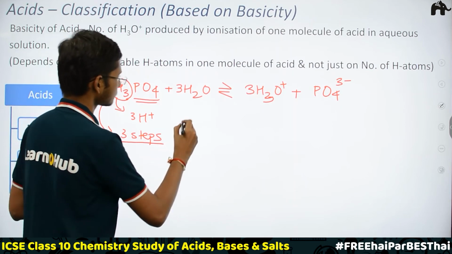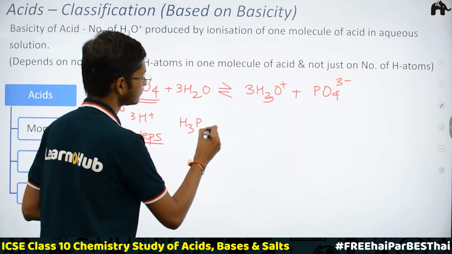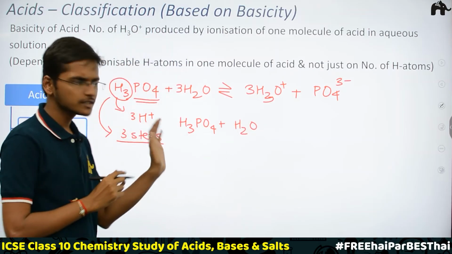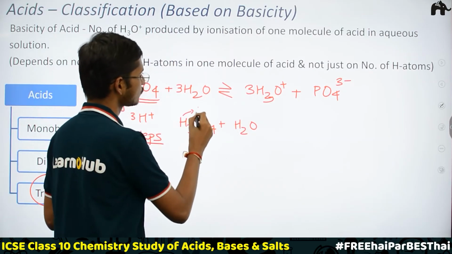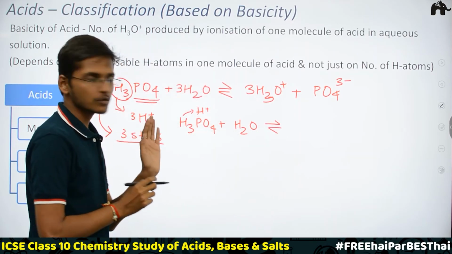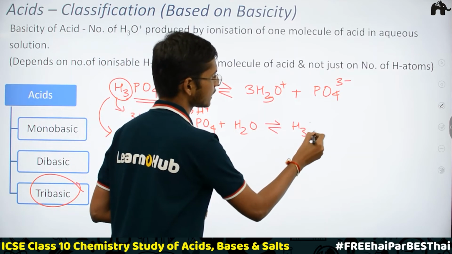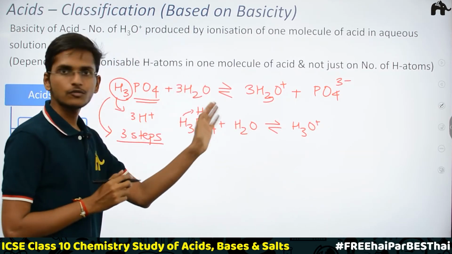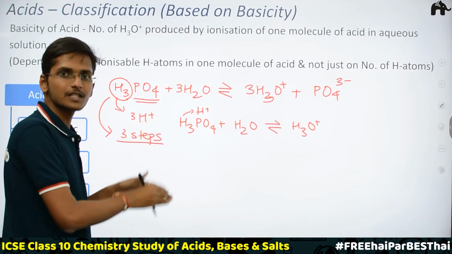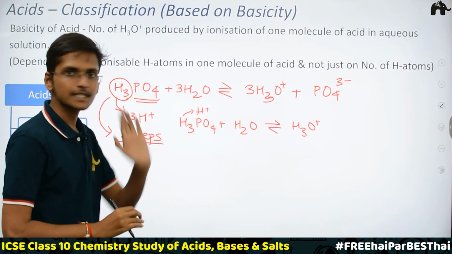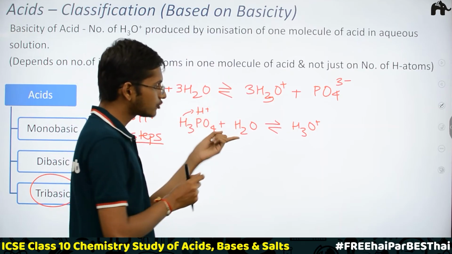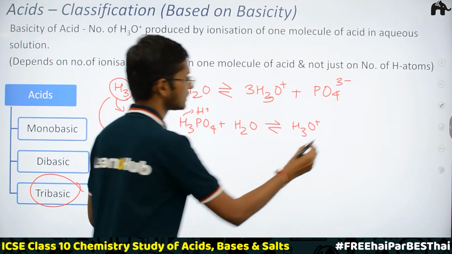So this H3PO4, first step would be: it reacts with 1 water molecule, same as H2SO4. It gives up its 1 H plus. The H plus combines with 1 water molecule to form H3O plus, and this would be the reversible sign, because it's a weak acid, and when we write it in steps, we always use the reversible sign. So here H plus is being added into water, forming H3O plus.